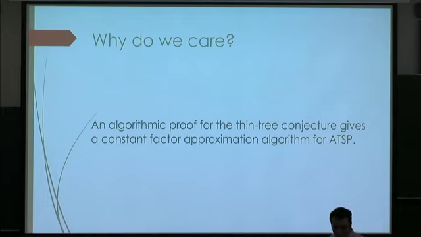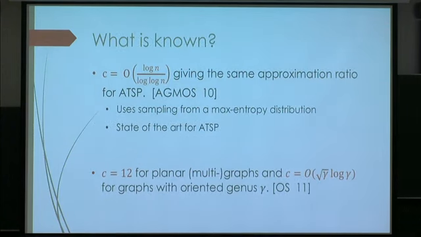Now, discovering this relationship has been fruitful. Turns out that we cannot prove it for a constant c, but we can prove it for a function that's growing logarithmically with the size of the graph.